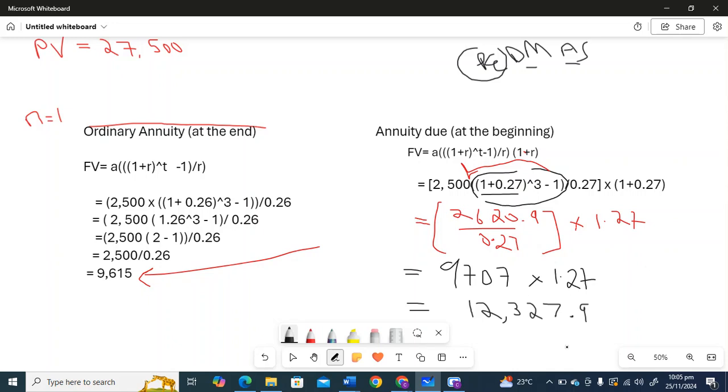So that's how you find the future values of an ordinary annuity, which is an annuity paid at the end of the month or year, and an annuity due, which is paid at the beginning of the month or the year.